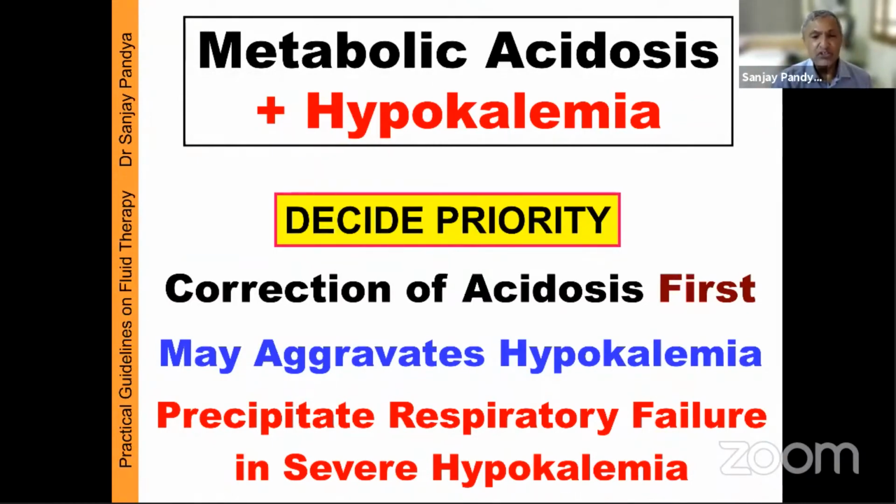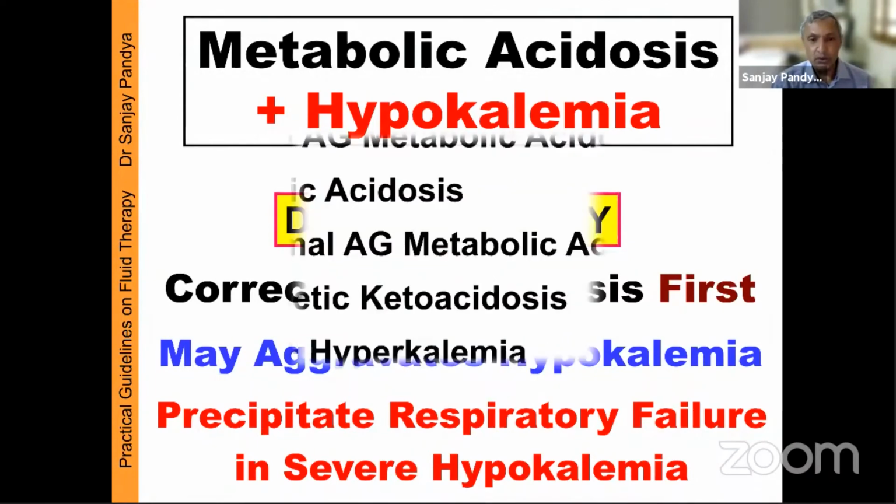Therefore, it's very, very important that when you are treating metabolic acidosis, look at the potassium. If it is hypokalemia, treat potassium first, bring it to a comfortable safe zone, more than 3.5, and then continue potassium supplementation and simultaneously treat metabolic acidosis. This is something which is important.